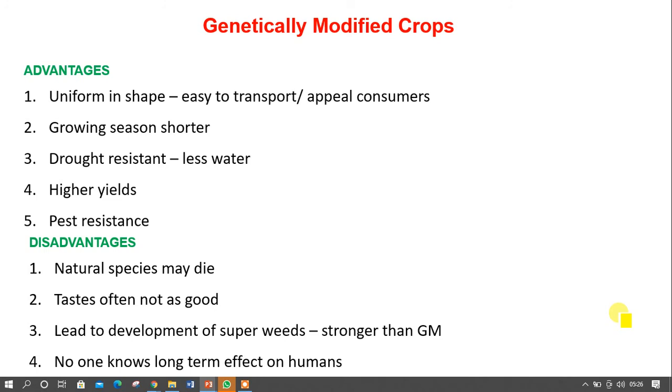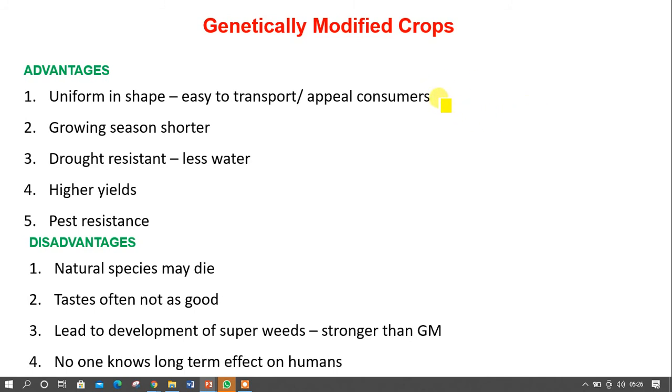Now, lastly, the syllabus expects us to know how genetically modified crops work, and the advantages and disadvantages. First, from the explanation so far, genetically modified crops are pest resistant and herbicide resistant. You should know that first.